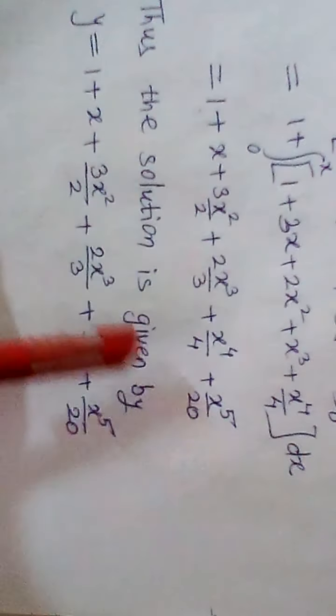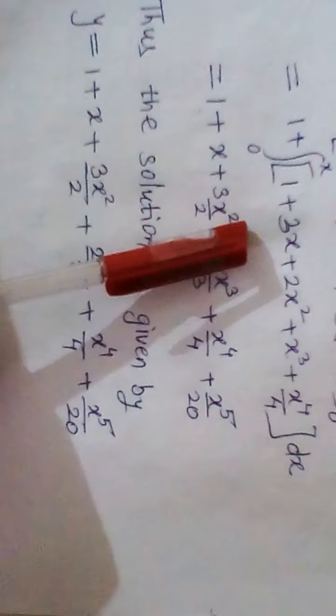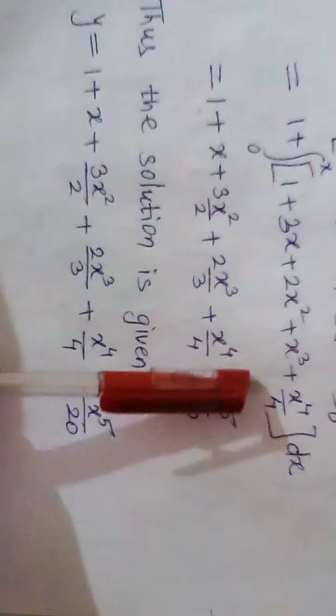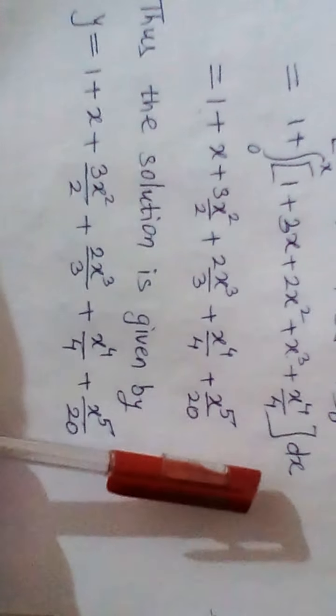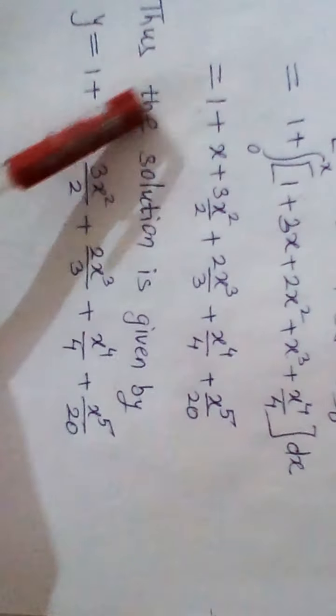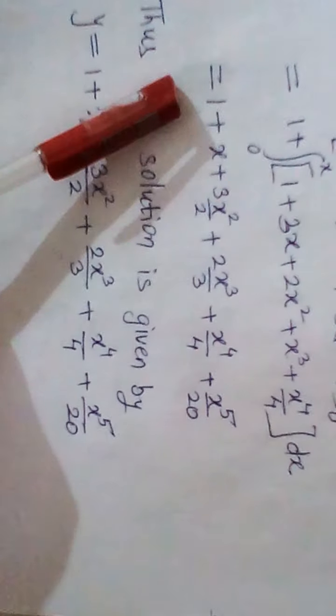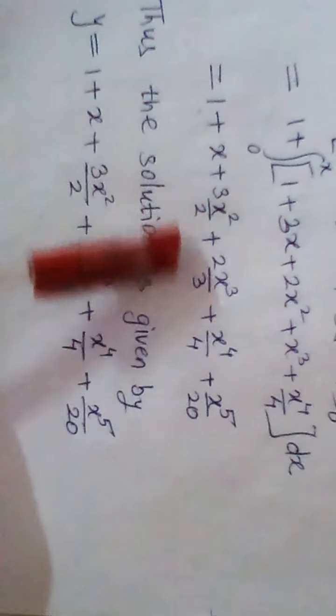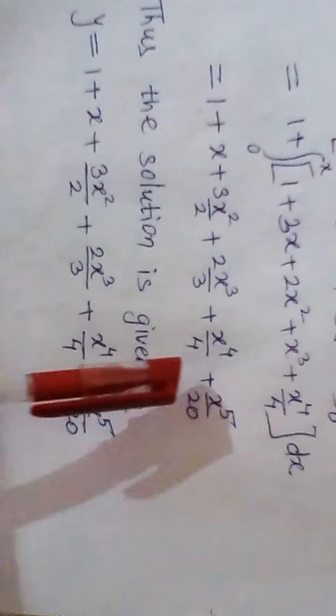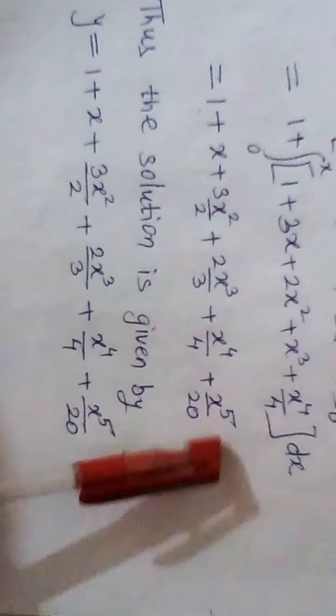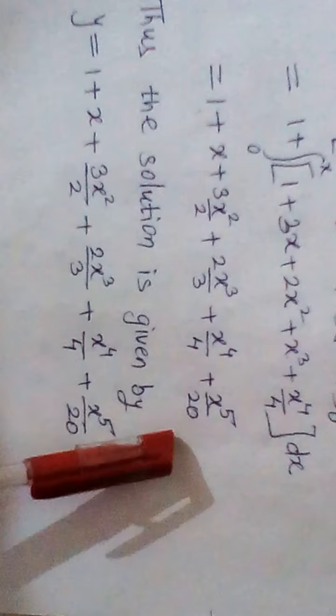Equal to 1 plus integration from 0 to x. We are collecting, adding the like terms. So 1 plus 3x plus 2x square plus x cube plus x raised to 4 by 4 dx, and the result will be equal to 1 plus x plus 3x square by 2 plus 2x cube by 3 plus x raised to 4 by 4 plus x raised to 5 by 20.